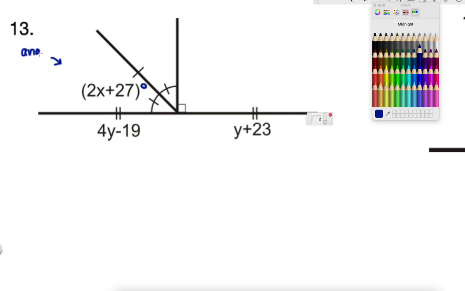This algebraic expression is referring to an angle. And if we look at these y terms right here, there is no angle symbol. It's just labeled in the middle of a segment. This is a segment length.